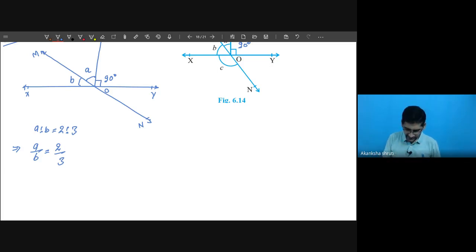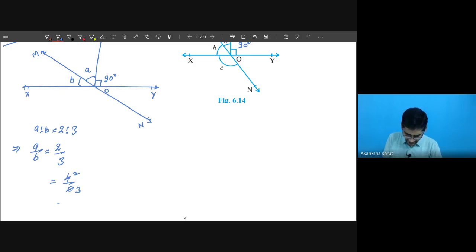Students, if someone takes 4/6, is it possible or not? Rather than 2/3, if someone takes 4/6, it is also possible. Yes, it is possible, because 2 and 2 get cancelled here. While cancelling 2, the upper one becomes 2, and the lower one becomes 3. So it is the ratio.